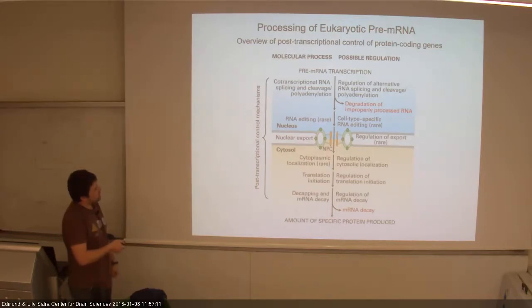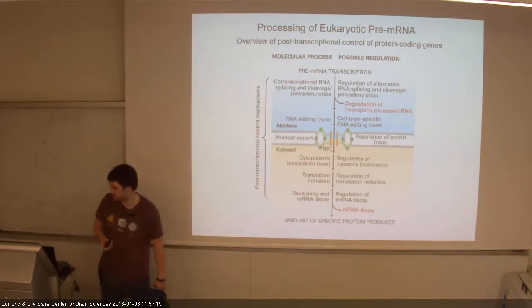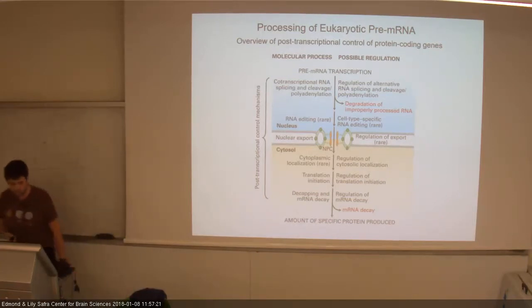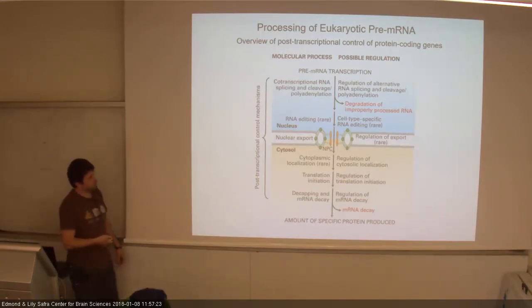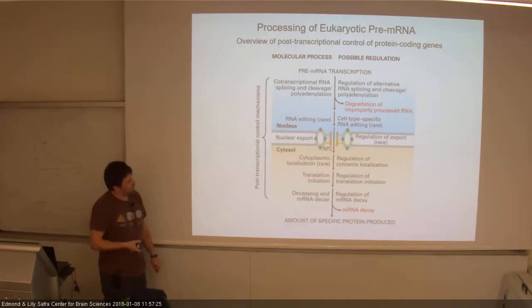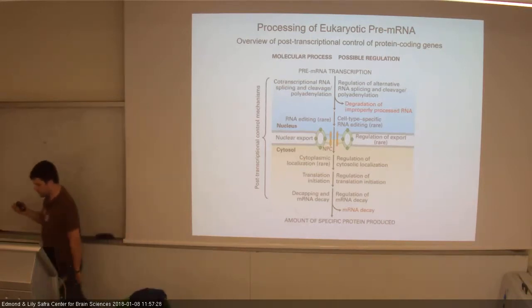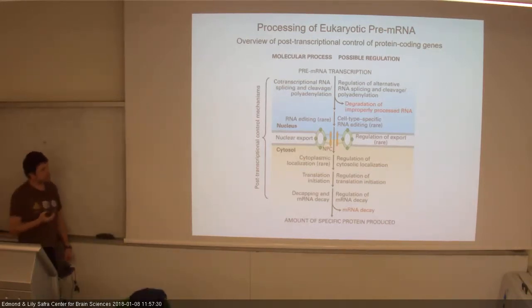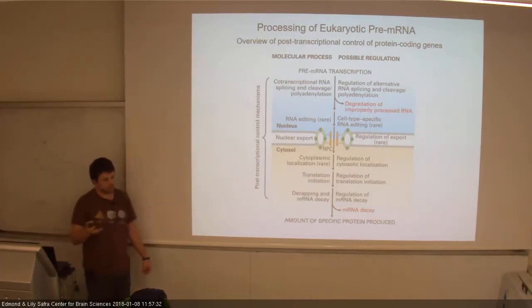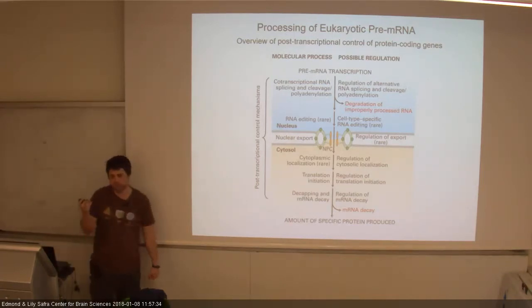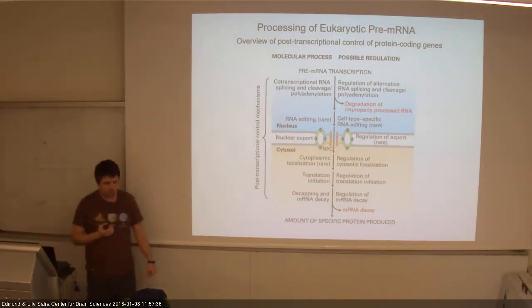And in the cytosol, you have cytoplasmic localization. Again, in the past they thought it's very rare, but nowadays we know that mRNA localization is not rare. Actually, in neurons, it's more a rule than an exception. Like I told you in previous classes, most of the strictly neuronal mRNAs are localized in the cell.